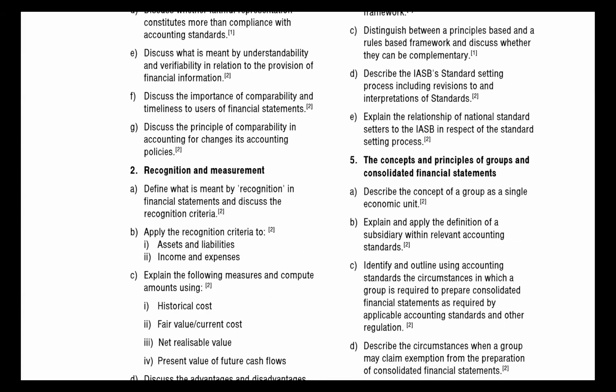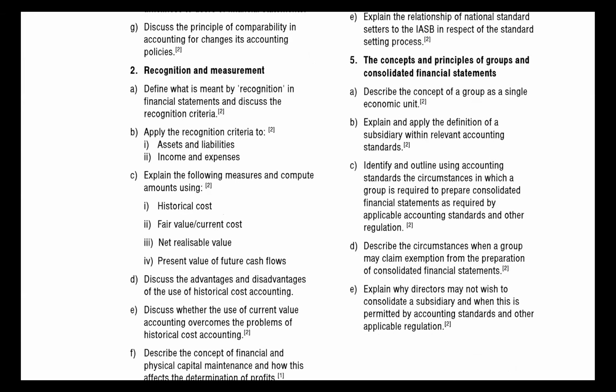The concepts and the principles of the groups and the consolidated financial statements will be covered here. This is where we will describe the concepts of the group as a single economic unit. We will explain and apply the definitions of subsidiary within relevant accounting standards.